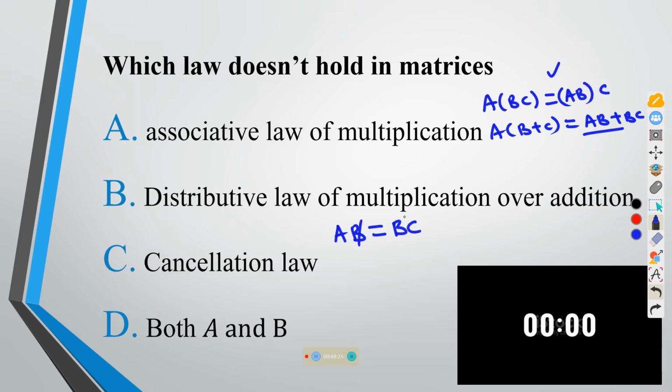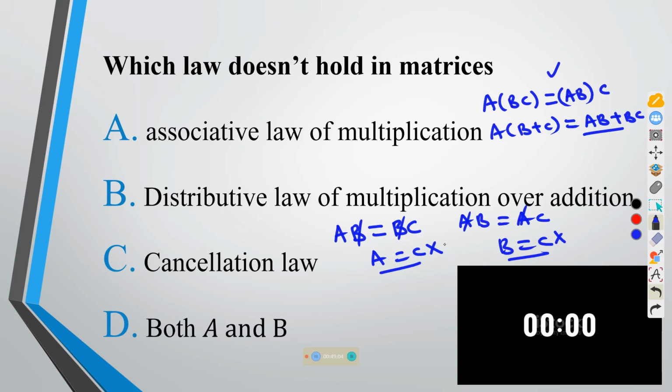Then the cancellation law. If you have, for example, AB equal to AC, can we cancel A and then say B is equal to C? This is not true. This cannot hold in matrices. If AB is equal to AC, it does not mean that B is equal to C. So in general, this does not hold.